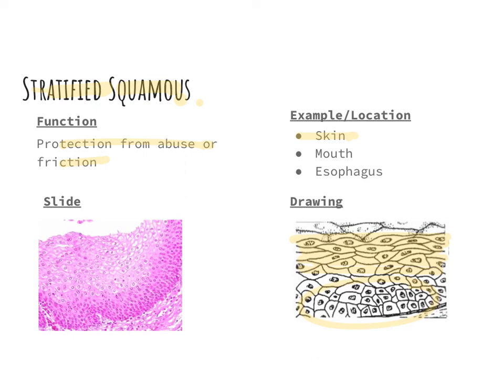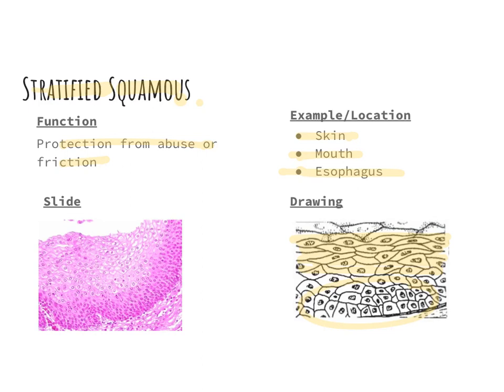So if you think about just scratching your skin, right, we just lost a bunch of squamous cells when we did that, but we have so many more layers of them underneath, so it's okay, and we can replace them really easily. The sides of your mouth, think of the abuse that takes when you're chewing and eating. And your esophagus, which is the tube that brings food to your stomach, also takes a lot of abuse.